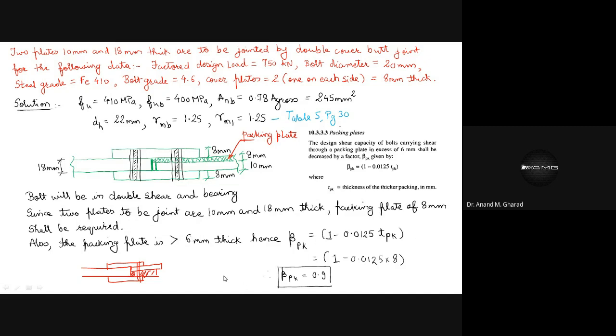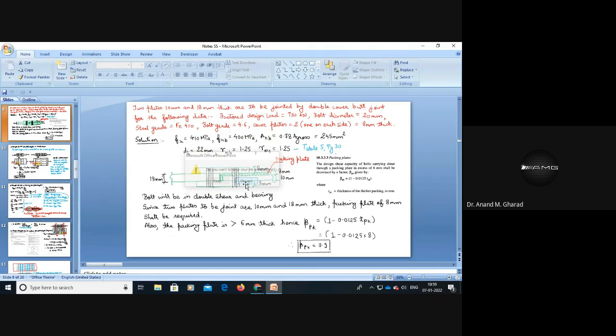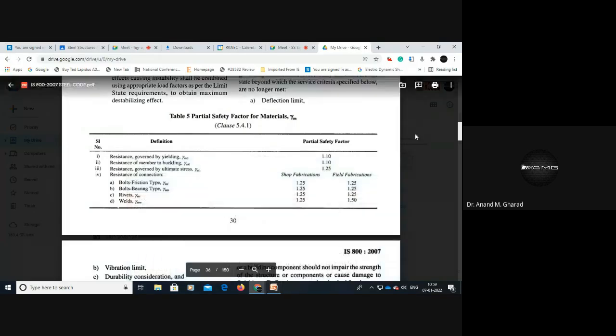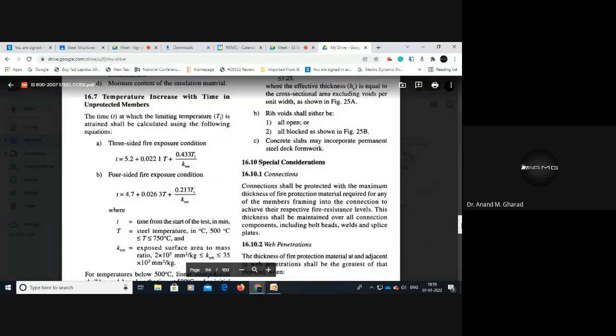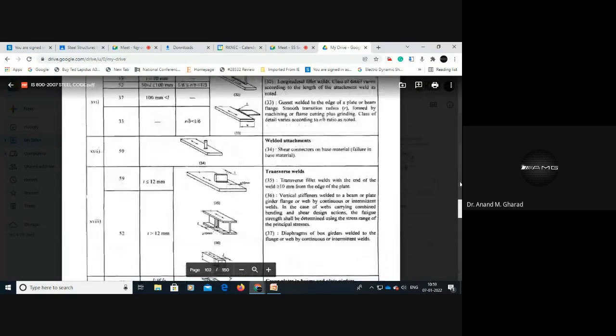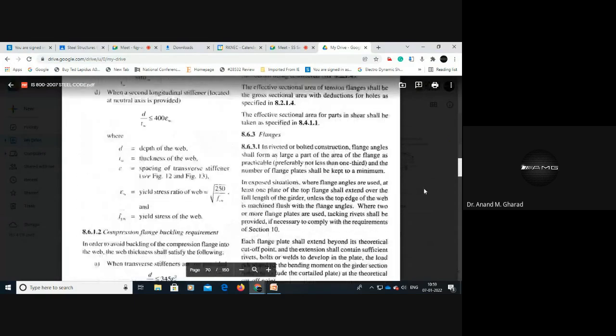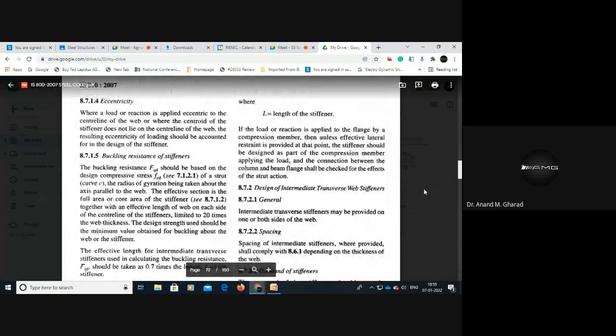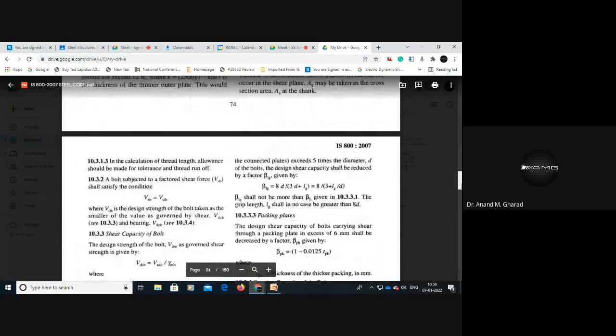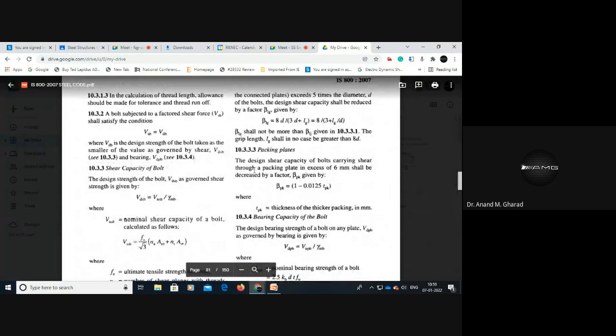Now, there is one more clause. Actually, it is written on page number 75 again. Okay? Yes.